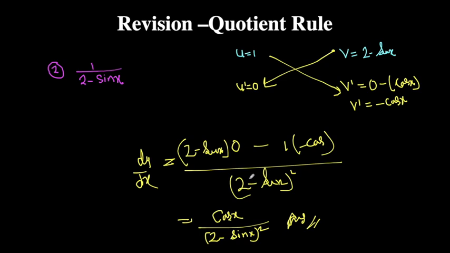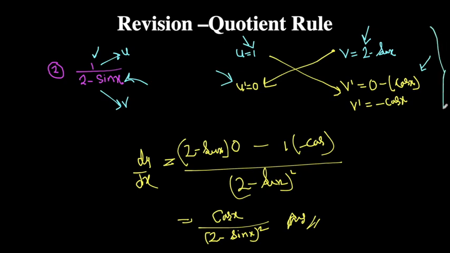If you have a question for the quotient rule, you have to see whether the two functions are in division or not. If two functions are in division, you assign one of them as u, and always the numerator will be u and the denominator will be v. So I have given u, and then I'm finding the differentiation of u and of v.